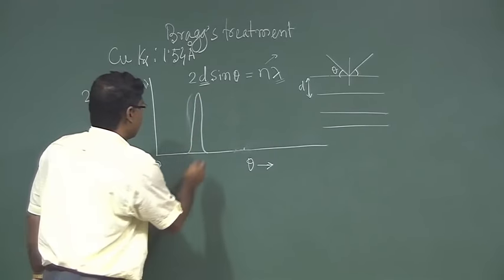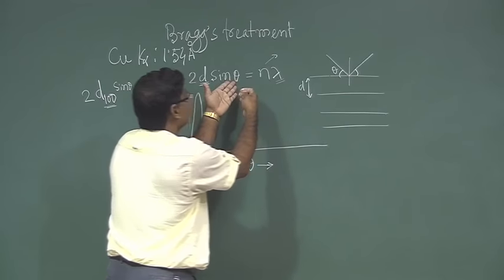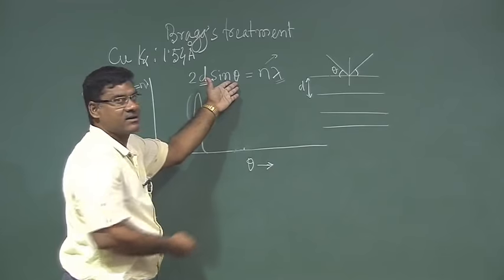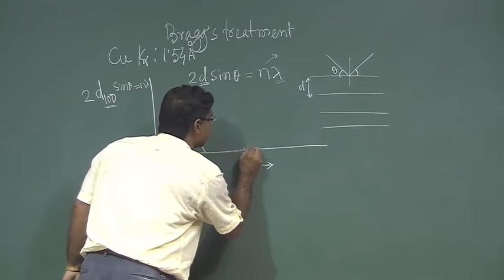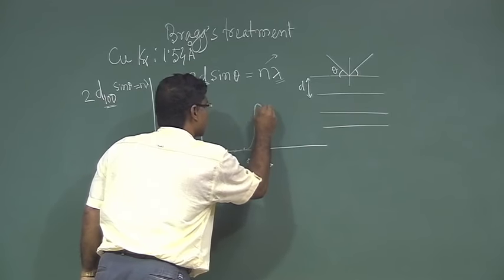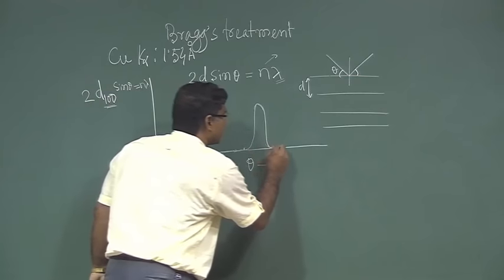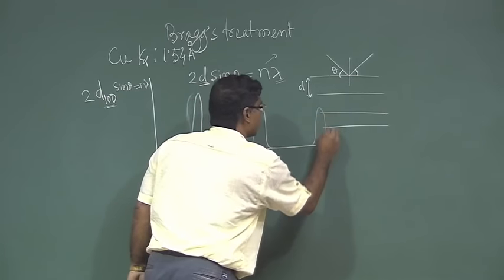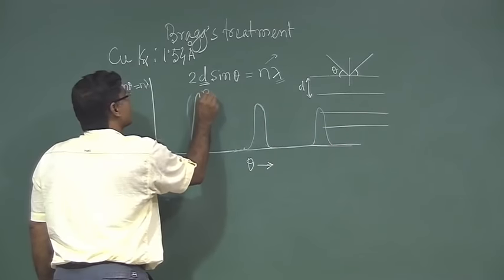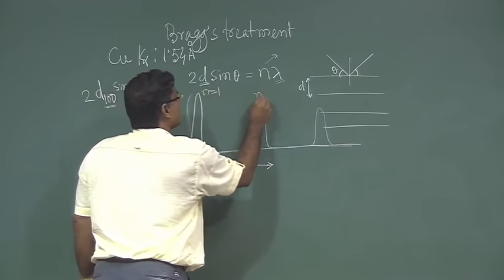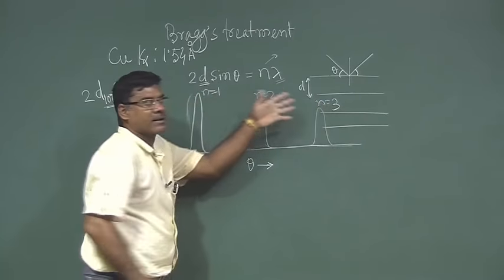If we continue to change the angle, we will get the second peak, and then the third peak. So, these peaks are for n equal to 1, 2, 3: first order, second order, third order peak.